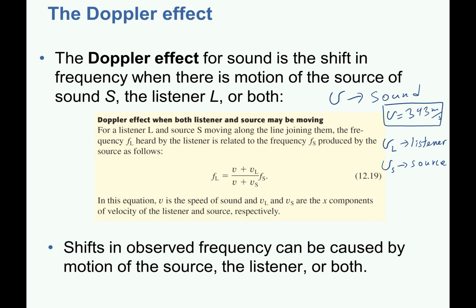So for a listener L and source S moving along the line joining them, the frequency f_L heard by the listener is related to the frequency f_S produced by the source as follows.